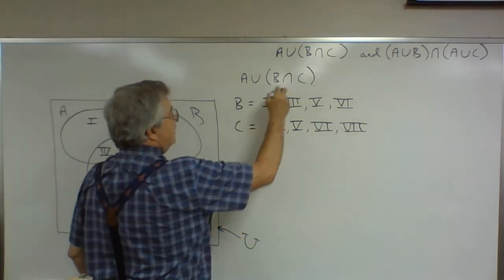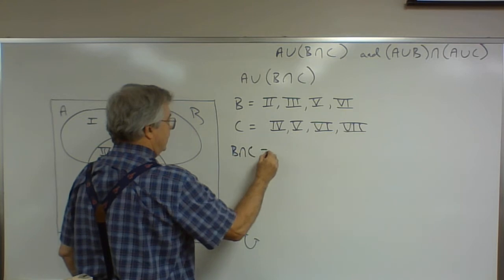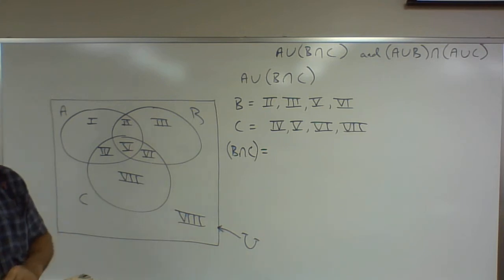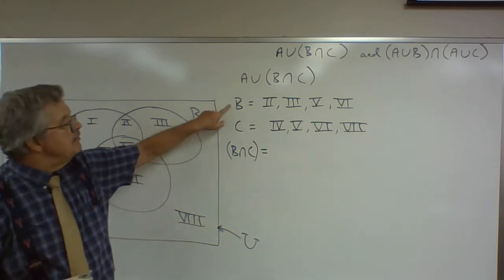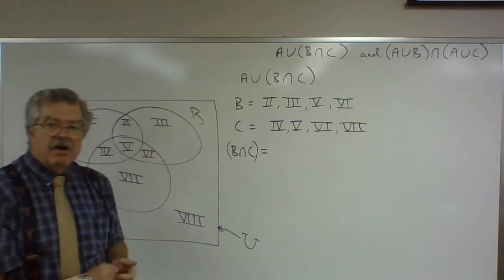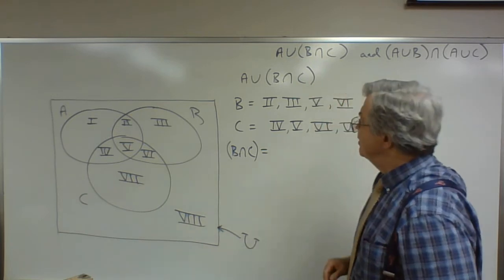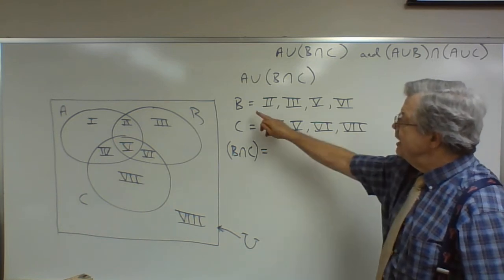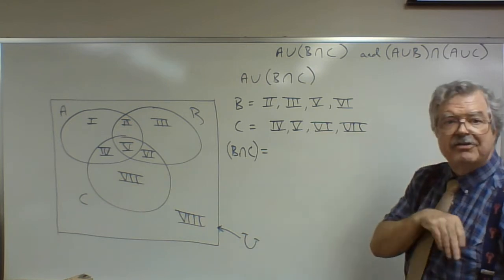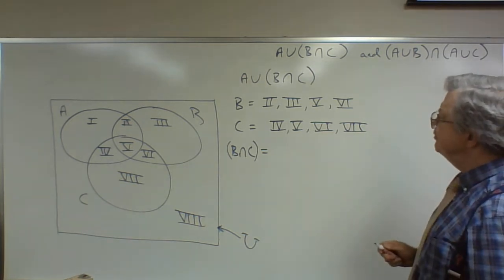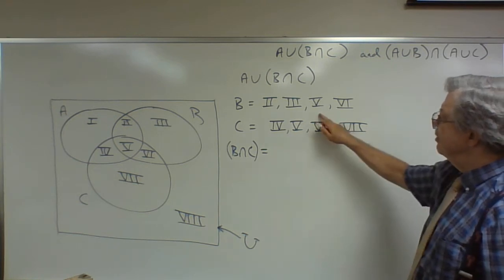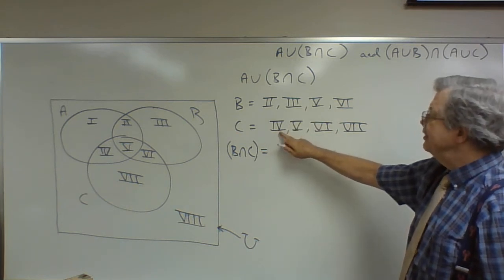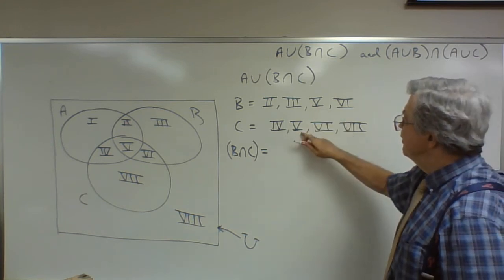Now we'll get to the ugly part, B intersect C. That's the set that contains all of the elements that are in both set B and set C. Another way of saying this is that B intersect C contains all of the disjoint regions contained in both set B and set C. Which disjoint regions are common to both? 2 and 3 are in B, but they're not in C. Region 4 is in C, but not in B. Region 5 is in both.